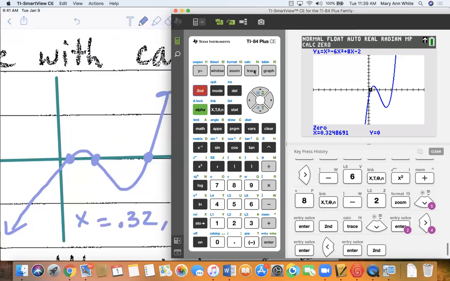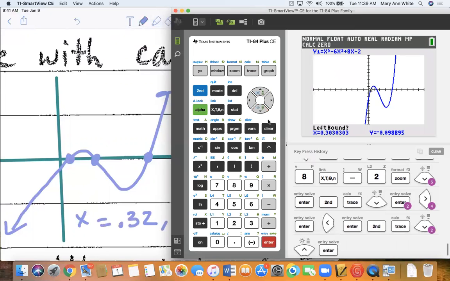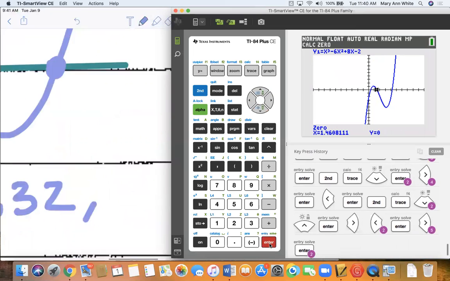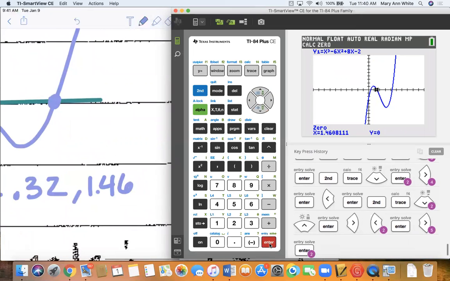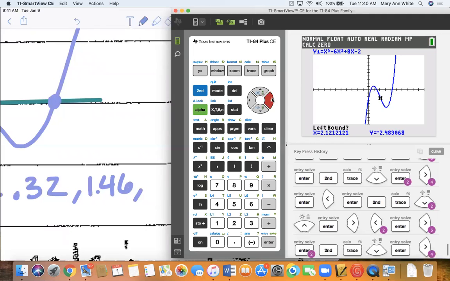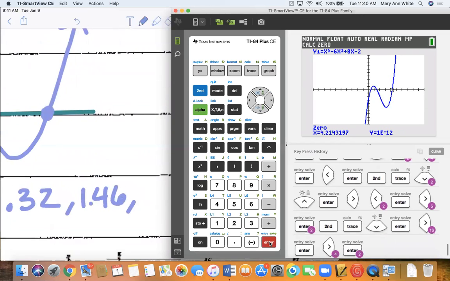I got a zero at, ooh, that's too far, 1.46. And I've got another zero at 4.21.